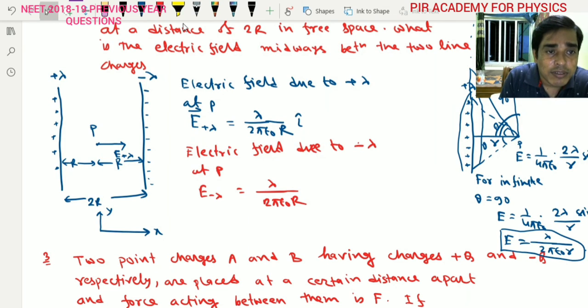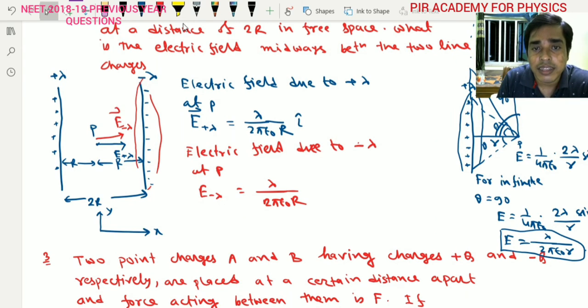Then for this infinite line charge, the electric field will be along this direction. So both electric fields will be in the same direction. That means I cap.